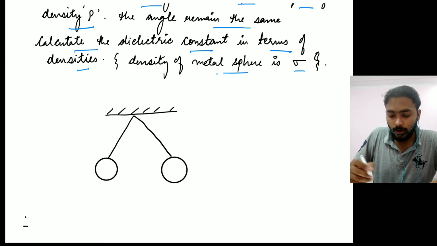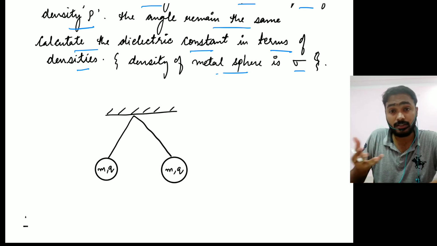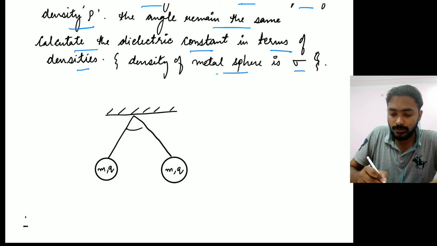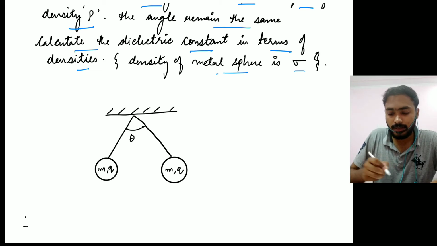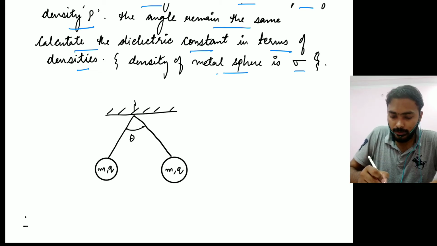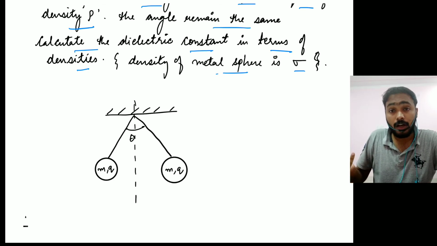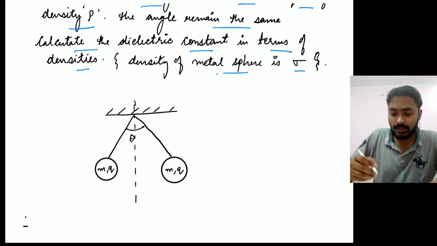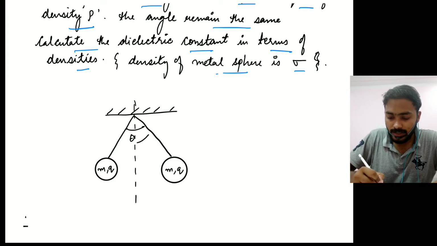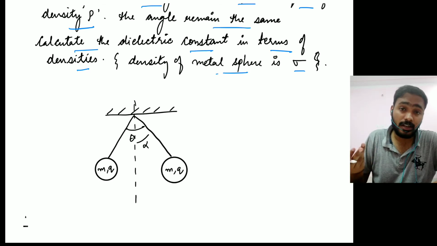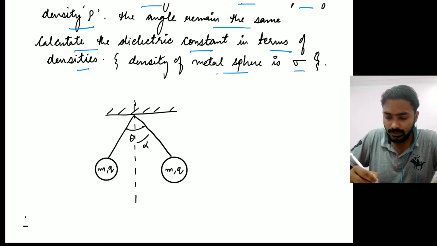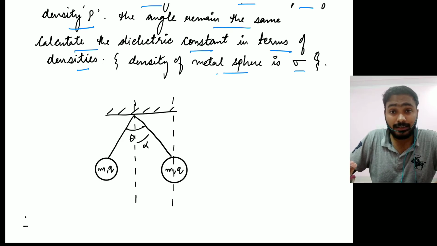Obviously they will have mass m, and they have charge, let's say q each. The angle between them is theta. If I draw a bisector which bisects the angle theta into some angle alpha, which is actually half of theta, I can draw it like that.